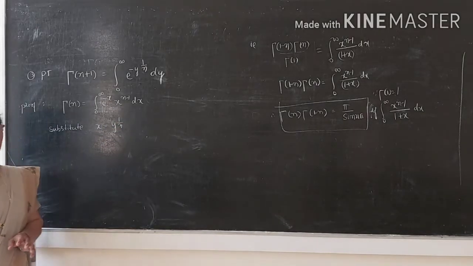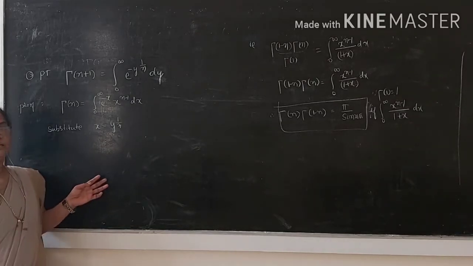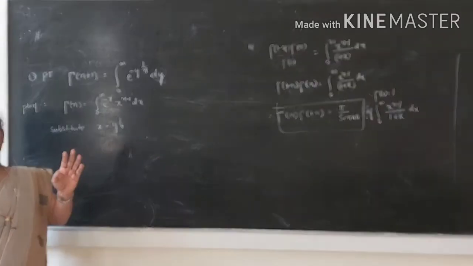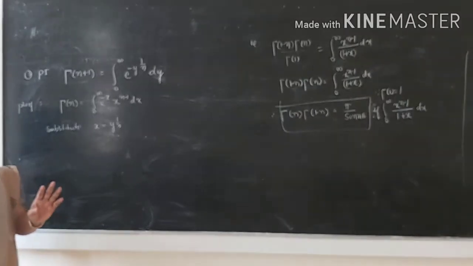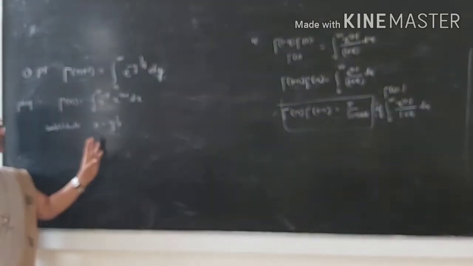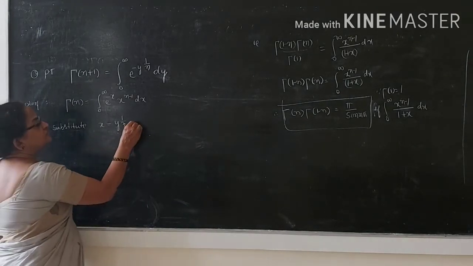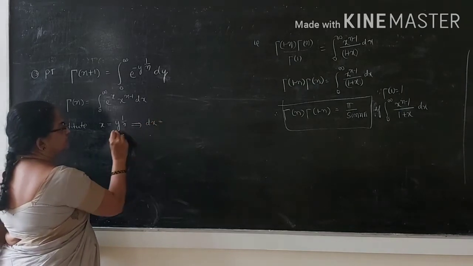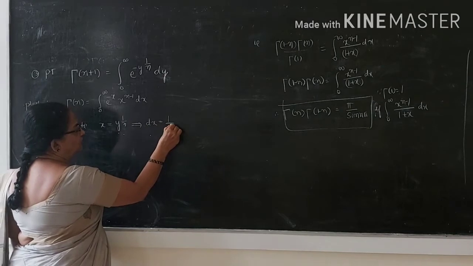As I told you earlier, if I replace a variable by some other variable, in the sense that it is not a linear change, there will not be any change in the form. But if I change like this, its derivative is also going to change. Therefore, I write dx by differentiating y to the power of 1 by n.